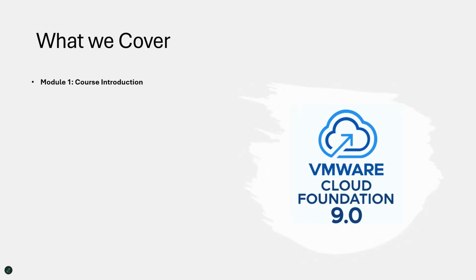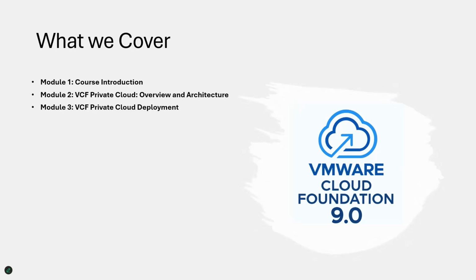After that, we'll move to VCF private cloud overview and architecture, where you will learn about the core components, design principles, and how all the VMware products come together as a single integrated platform. Once the foundation is clear, we'll proceed with the actual deployment of the VCF private cloud step by step, followed by post deployment tasks that are required to make the environment production ready.